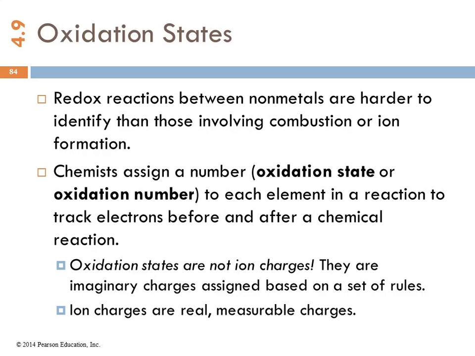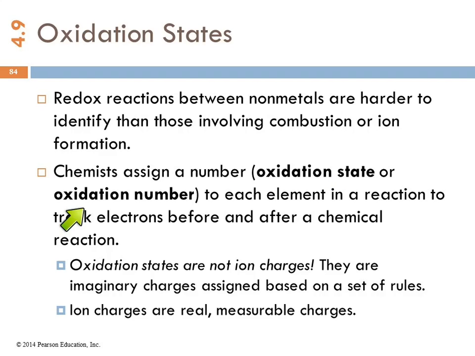It's easy to look at the metals and nonmetals because they form the ions and say, oh yeah, that's an oxidation-reduction reaction. When we're looking at 2 nonmetals reacting with each other, it's harder to tell. And so we have this little made-up thing that we use to help us identify things like that, and it's called oxidation state or oxidation number.